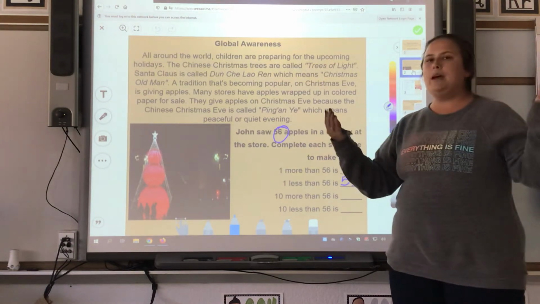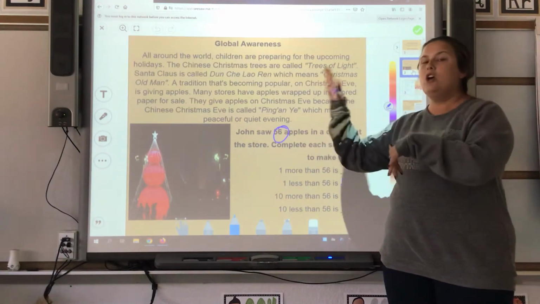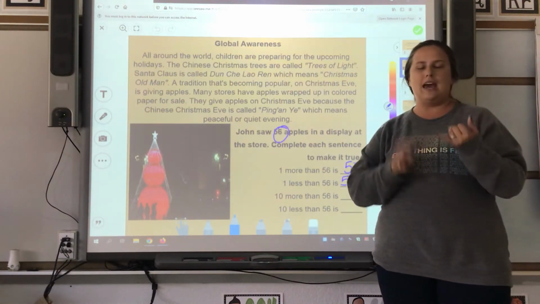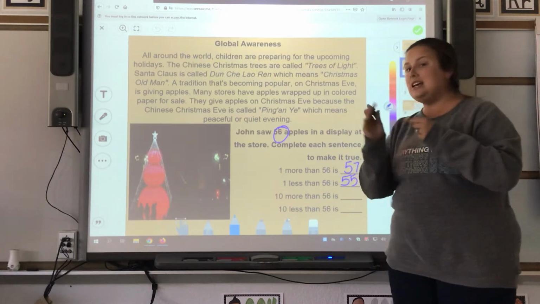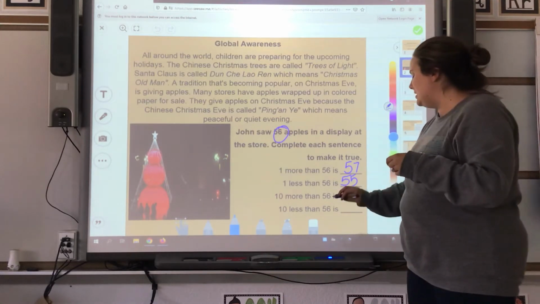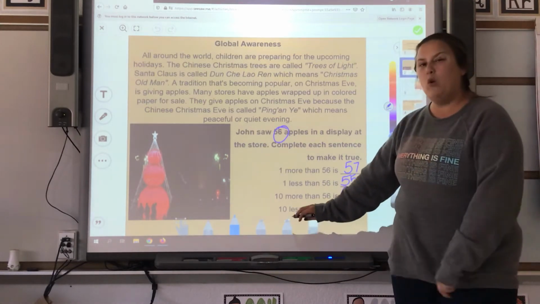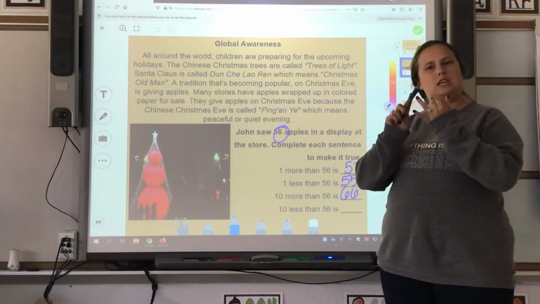But if you're counting by tens up to 56, we need to know what 10 more is. So if we say 36, 46, 56, 66. Now 10 less is what we said before, 56 counting by 10. So 46, 56.